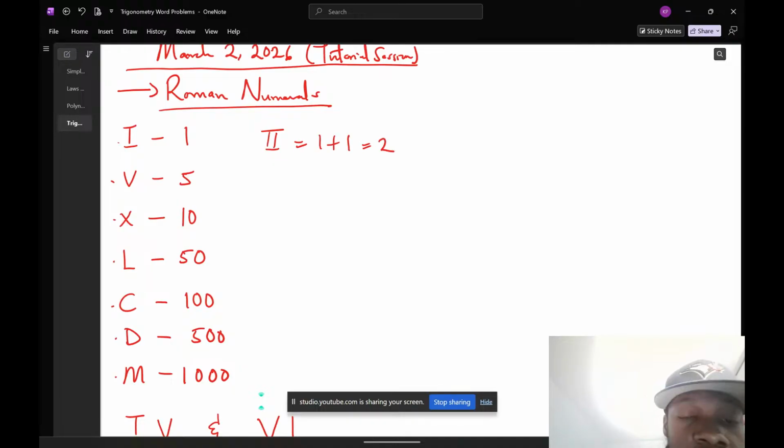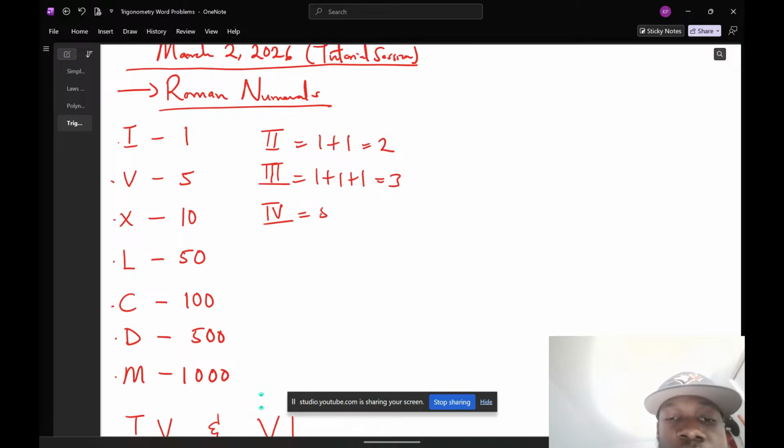The next Roman numeral is III, which is 1 plus 1 plus 1, which is 3. The next Roman numeral we have is IV. IV is 5 minus 1, which is 4, which was the one I just did.